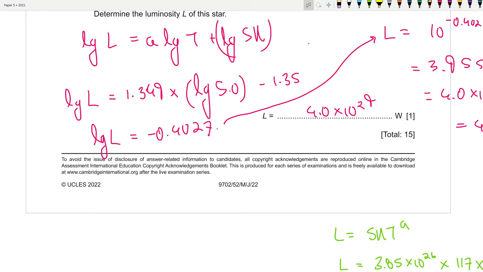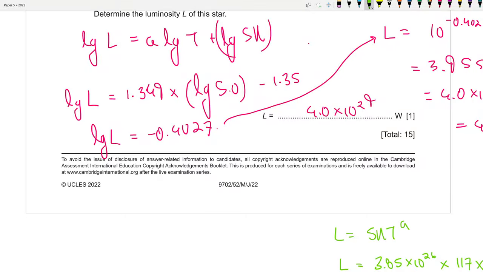Using my calculator, 5 to the power 1.349 times 117 times 3.85 into 10 power 26. That gives me a value of 3.9496 into 10 to the power 29, which is approximately equal to 3.95 into 10 to the power 29. Okay, so same thing more or less.